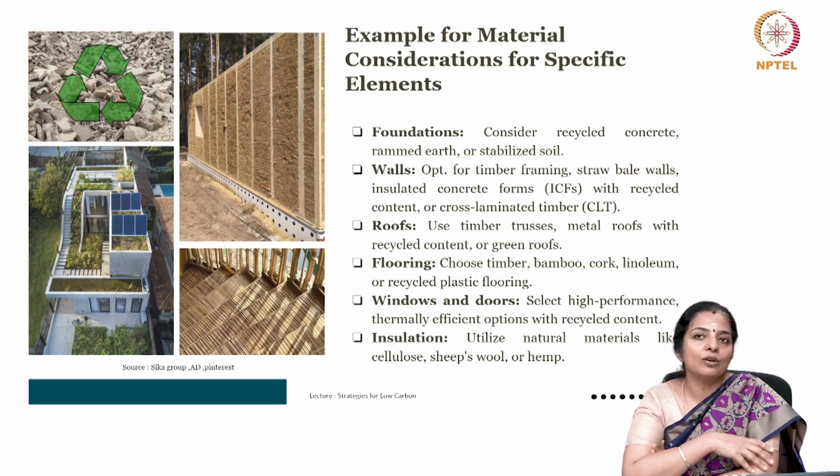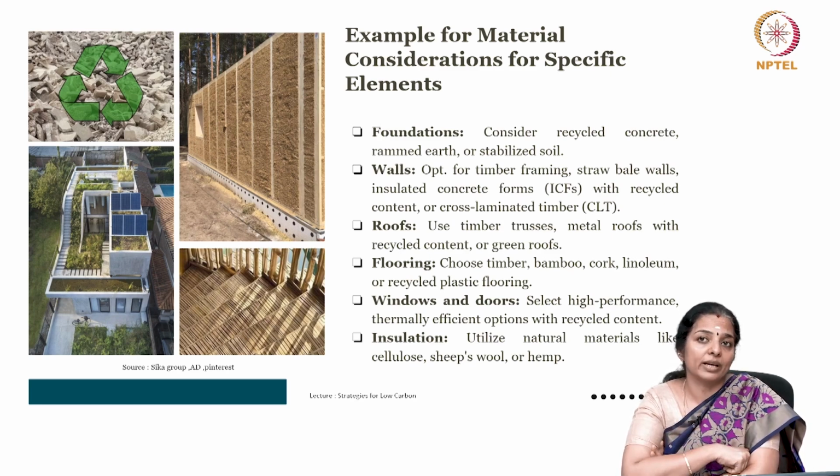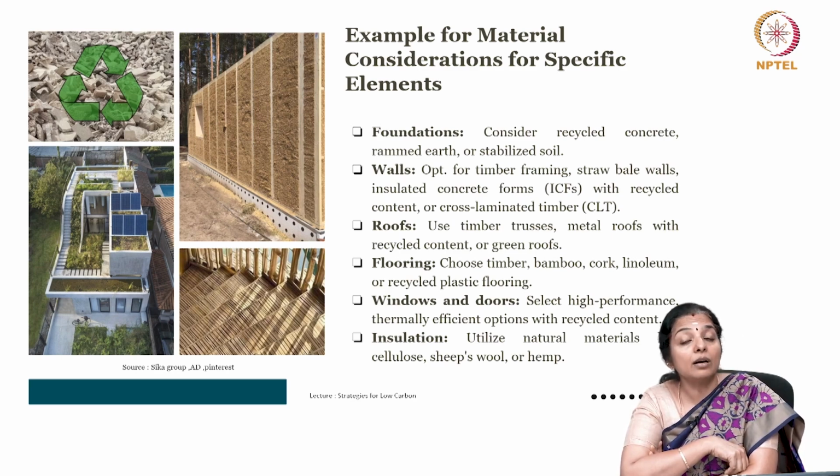For roofs, you can use timber trusses, you can use metal roofs with recycled content, or green roofs. Flooring can comprise of timber or cork or recycled flooring, or bamboo flooring, or linoleum flooring. So, all these can be options for flooring. For windows and doors, select high performance, thermally efficient options which have recycled content in them.